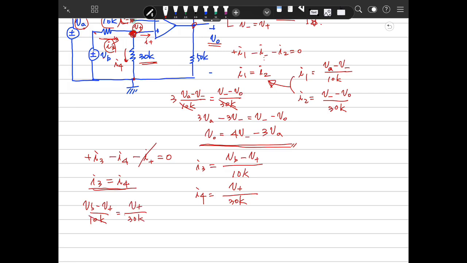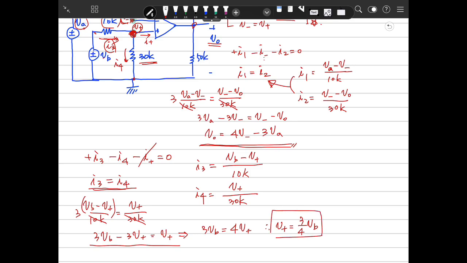So 3 VB minus 3 V plus equals V plus. From here, 3 VB is 4 V plus. Therefore, V plus will be VB.